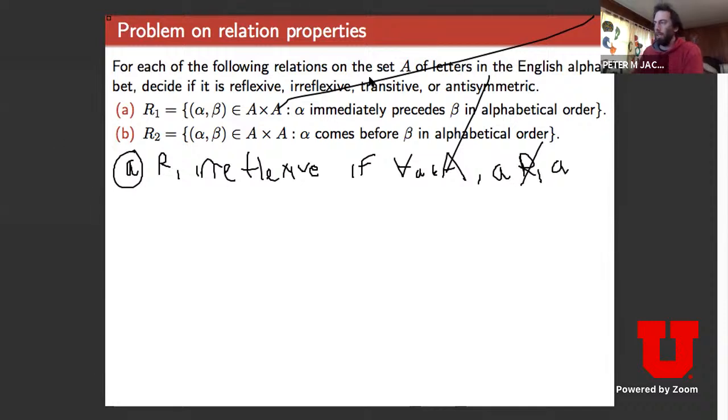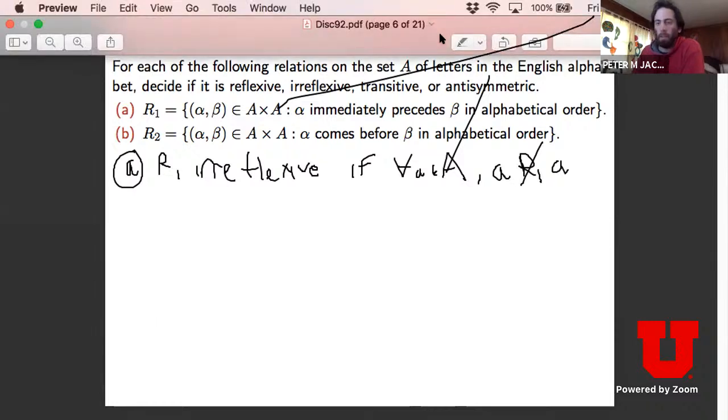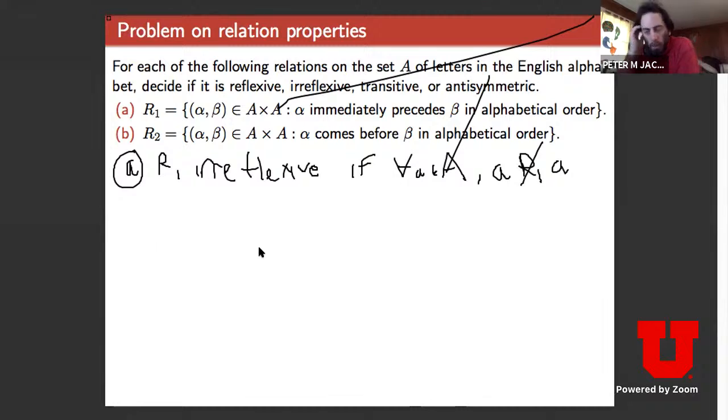It is not transitive, and the reason is because a is related to b and b is related to c. Let me write that out. A precedes b, so a is related to b.